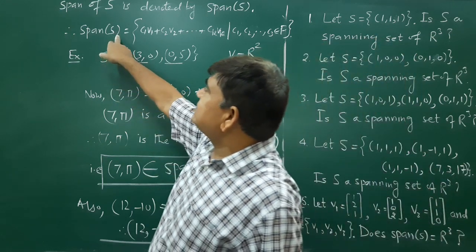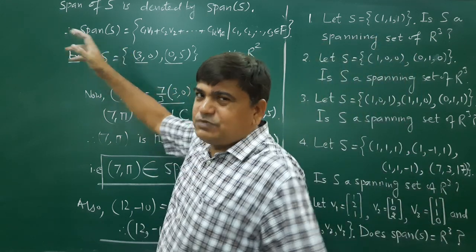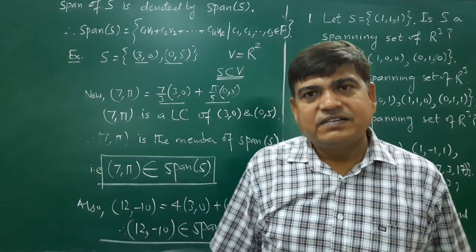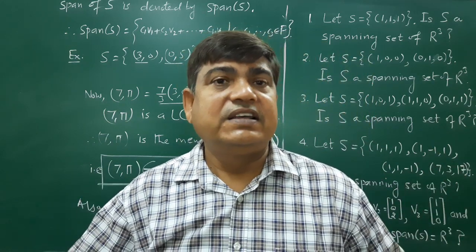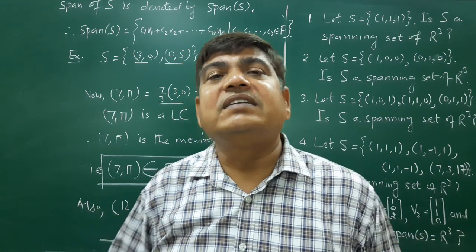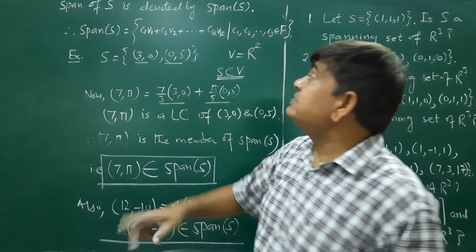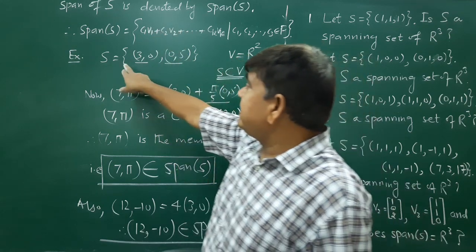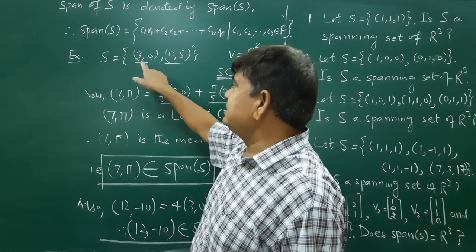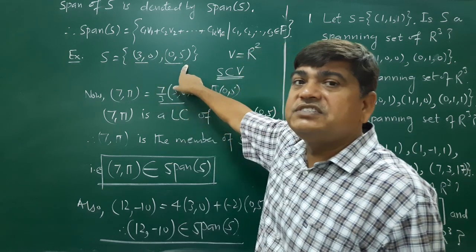So what do you mean by span? Span is a set of vectors, and these vectors are the linear combinations of the elements of S. You remember the elements of S, here I have written two elements, one is 3 comma 0 and the other is 0 comma 5.